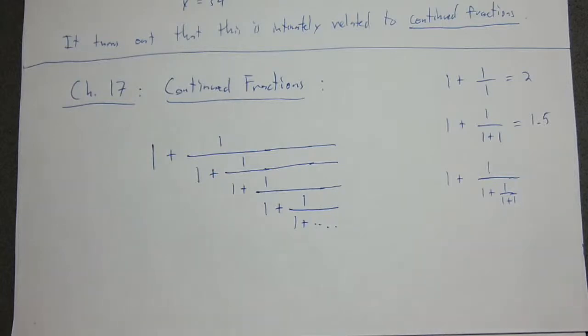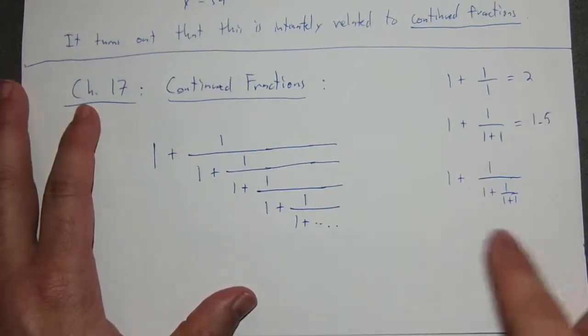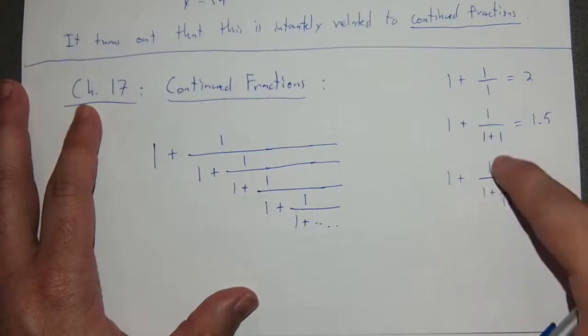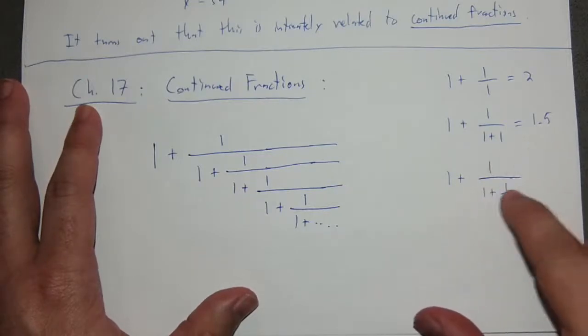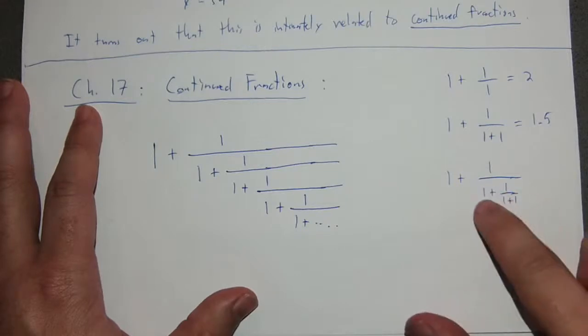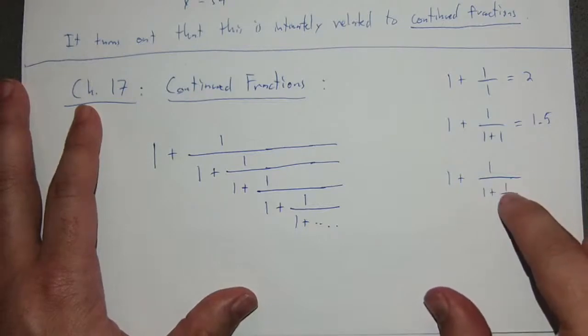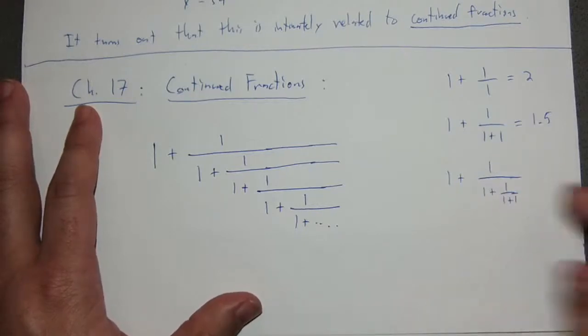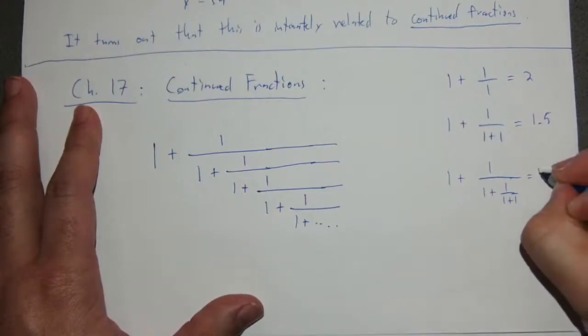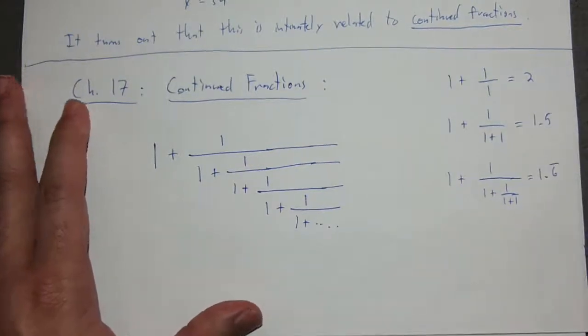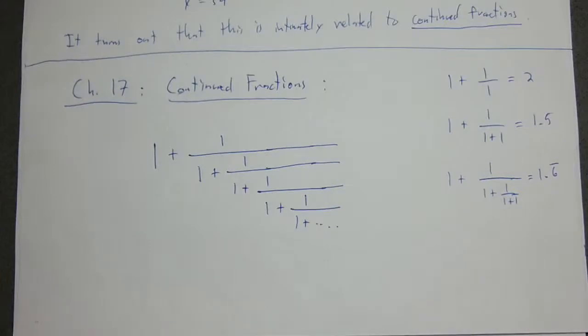Now these are all 1, so this isn't too bad. So this is 1 plus 1 over 1 plus 1 over 1 plus 1. This denominator is 1 plus 1/2, so that's 3/2. And so this is 1 over 3/2, so this is 2/3. This is 1 plus 2/3, so this is 1.6 repeating. This is a better approximation, of course, but all these are approximations. This is getting to be a better approximation of this thing, but it's still an approximation.